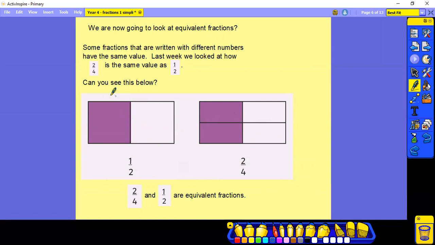On this one, half has been coloured in, and on this one with the 4 parts, 2 of the quarters have been coloured in. But if you cut them out and you put them on top of each other, the shaded parts, the coloured parts, would be exactly the same. They cover exactly the same area. So a half and 2/4, or 2/4 and a half, are what we call equivalent fractions.